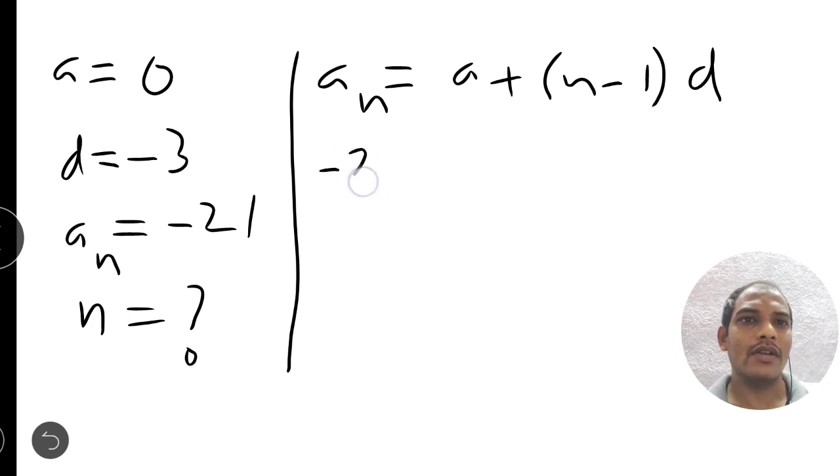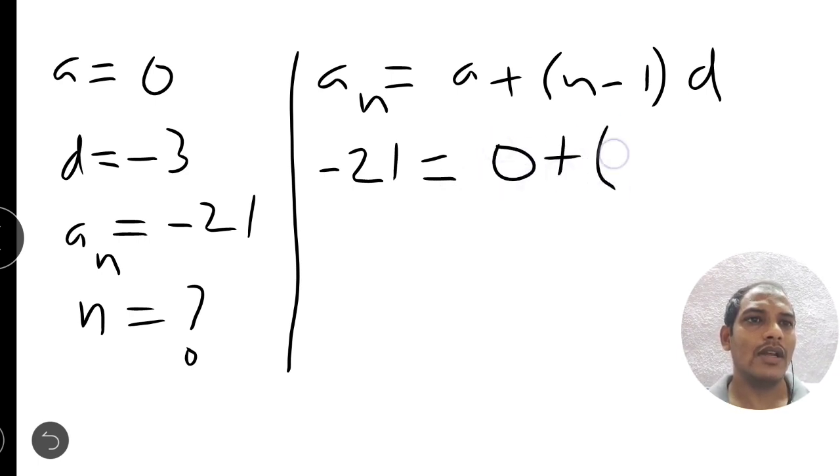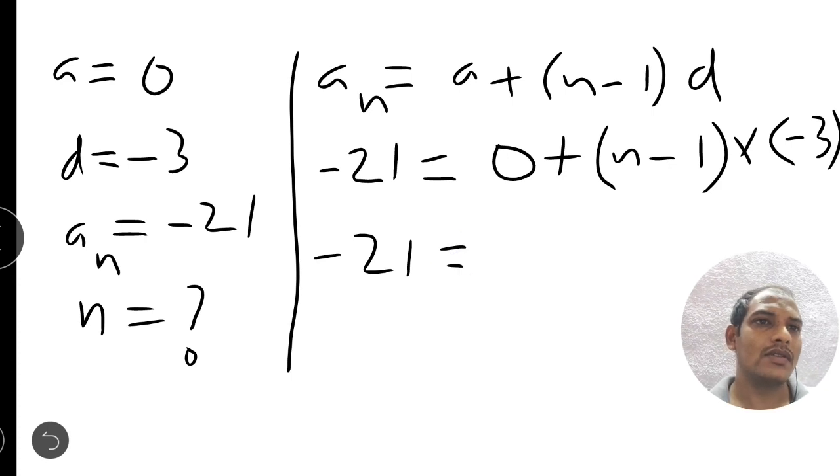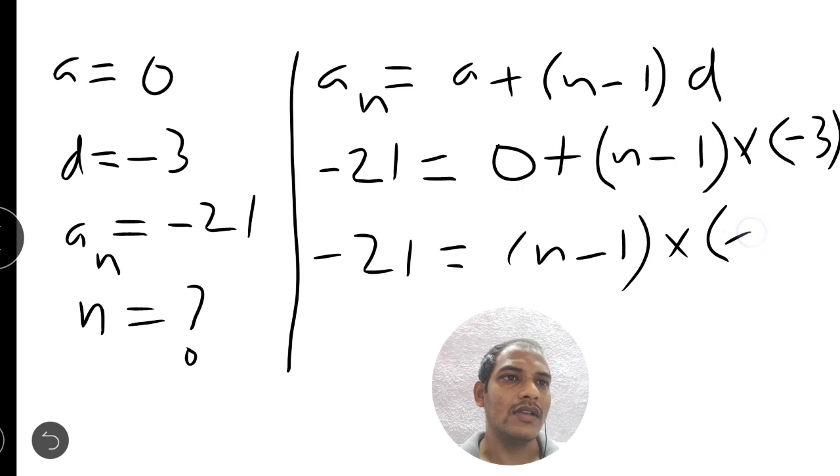A n value is minus 21 equals a value 0 plus n minus 1 into d value minus 3. So minus 21 equals 0 plus, you can remove the 0, then only n minus 1 into minus 3.